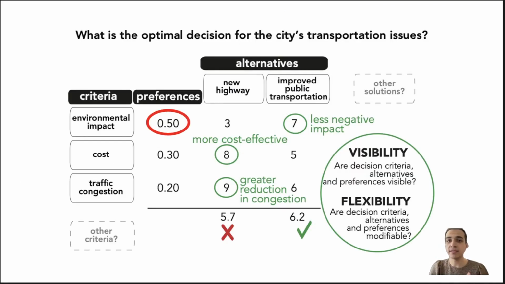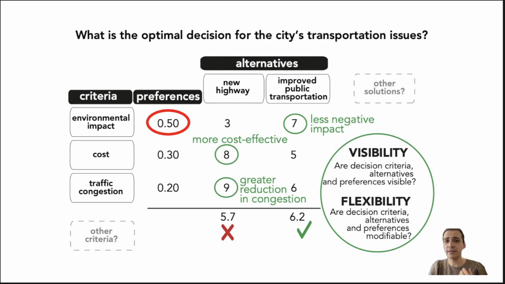Assume there is a city planner who wants to solve the transportation issue of the city. There can be some alternative solutions, such as building a new highway or improving the public transport. To pit one alternative against another, the city planner can consider several factors, such as environmental impact, cost, and traffic congestion. Those are the criteria of the decision problem.